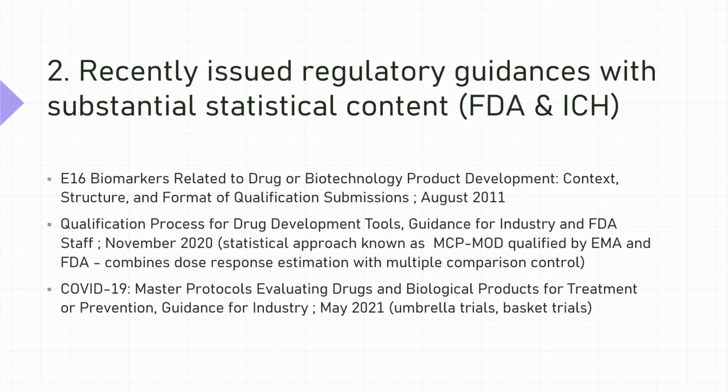E16, another ICH document on biomarkers related to drug or biotechnology products, qualification process for drug development tools, and there was a statistical approach known as MCP-Mod that was qualified by the European Medicines Agency and FDA within the past several years that combines dose response estimation with multiple comparison control, a real, if you will, success story for statistical methodology tools being approved by regulators.